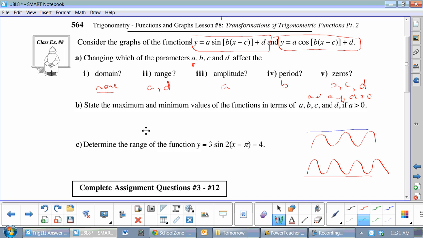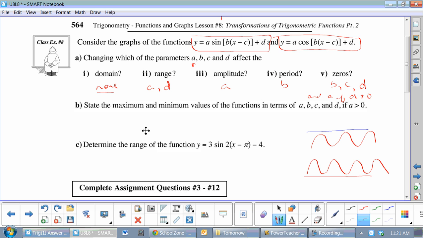Anyone got any ideas? Well, which one of those affects the range? Amplitude.